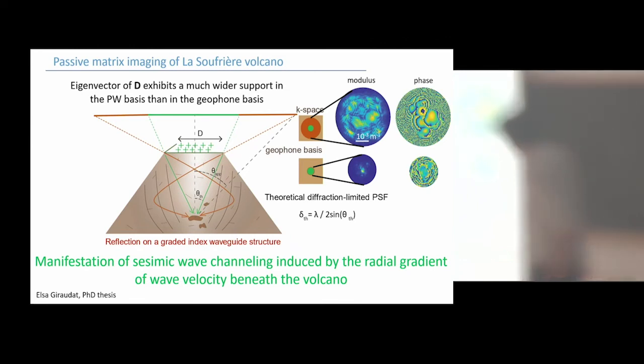And you see the shape of the array with a few stations that are outside the core of the network, okay? And when you analyze the data now in the k-space, it's much more spread. You have a much larger support, and you seem to see different trajectories inside the medium that you manage to recombine to focus at a specific location inside the volcano.